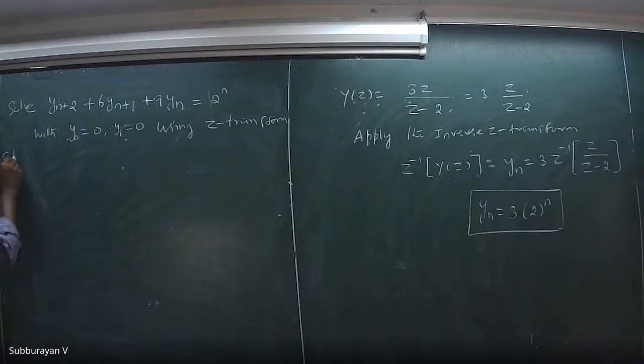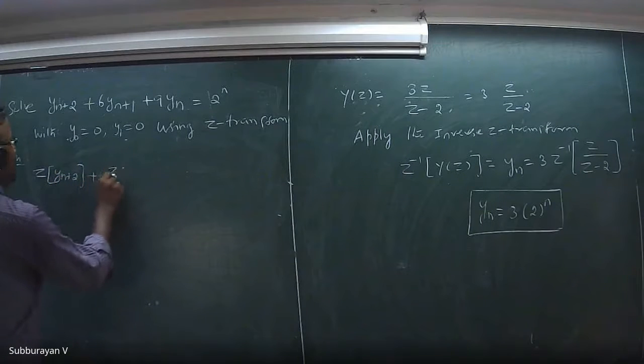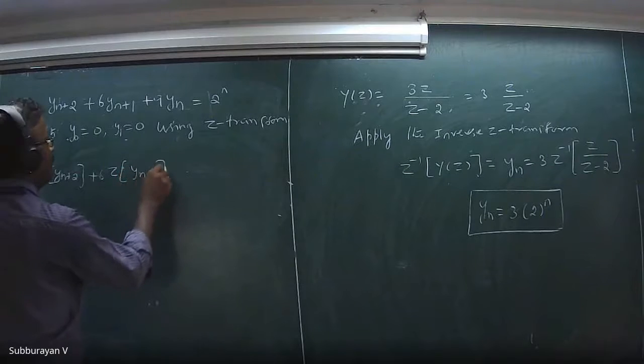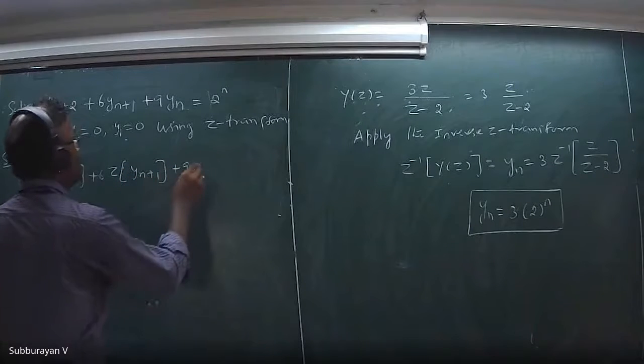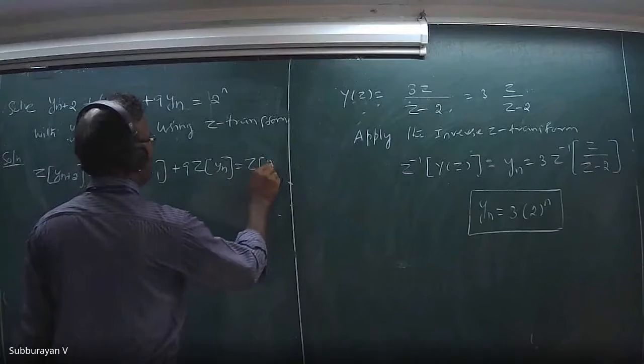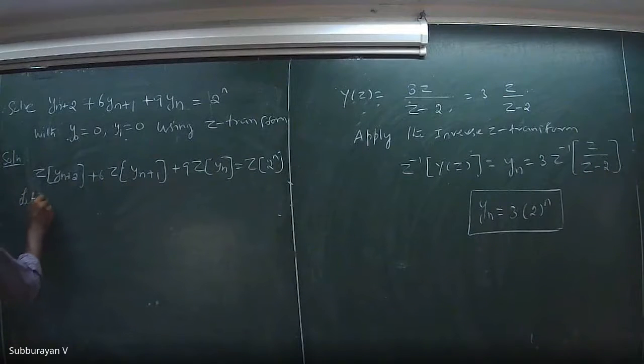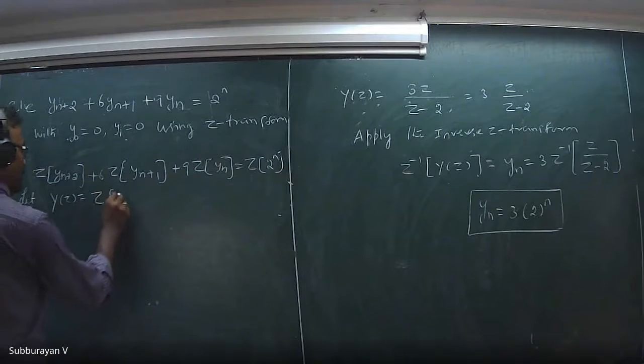Solution. You apply the z transform, that is Z of y(n+2) plus 6 into Z of y(n+1) plus 9 into Z of y(n) equal to Z of 2 power n. Now let capital Y(z) be equal to Z of y(n).